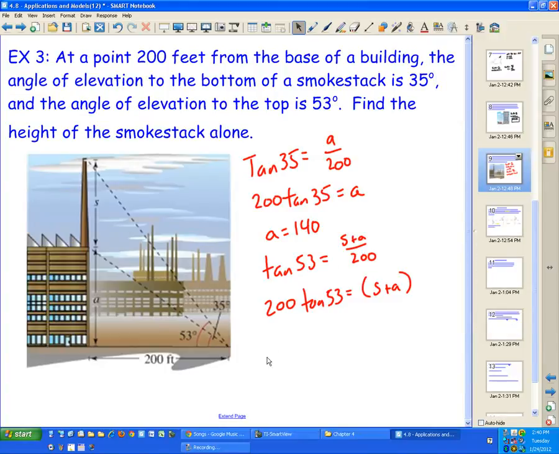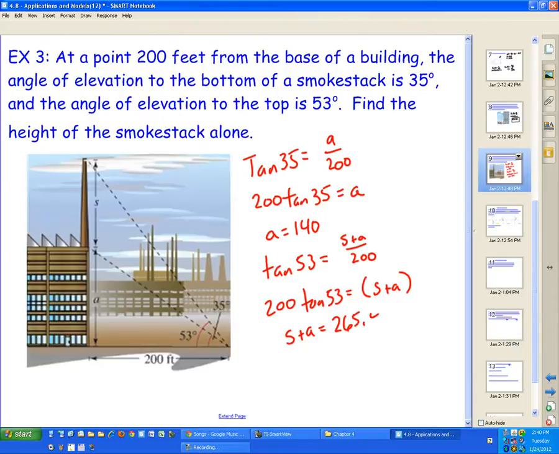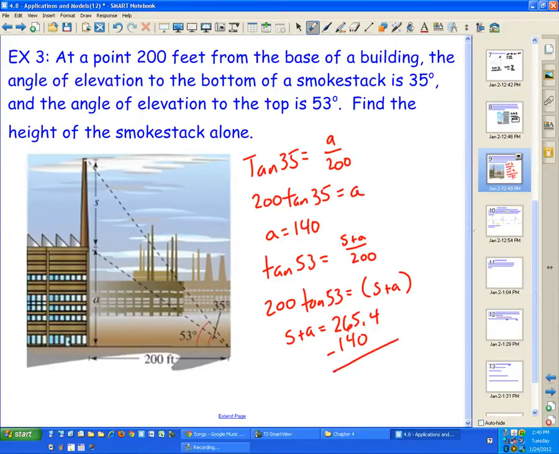So S plus A will equal 265.4 feet. Then if I subtract A from this, I'll just get S. So if I subtract 140 from this, I'm going to get 125.4 feet, which would be the height of the smokestack that we were looking for, give or take a little bit.